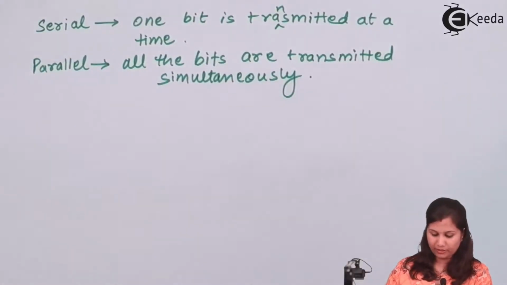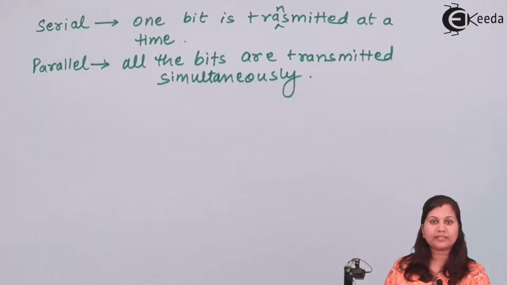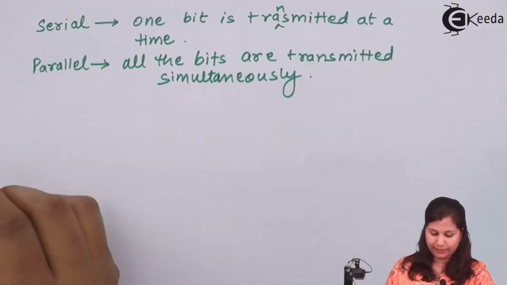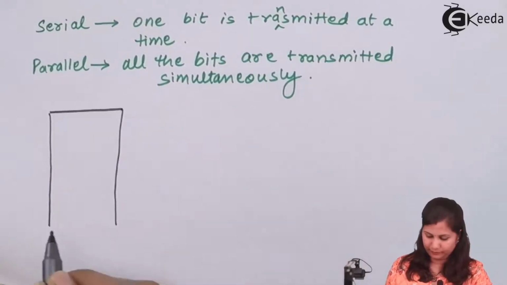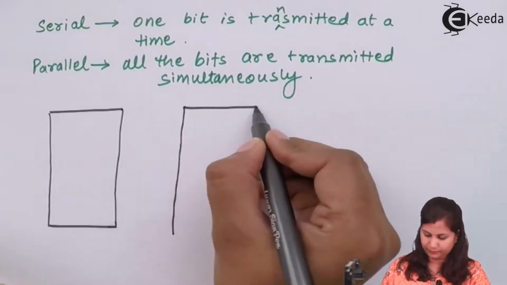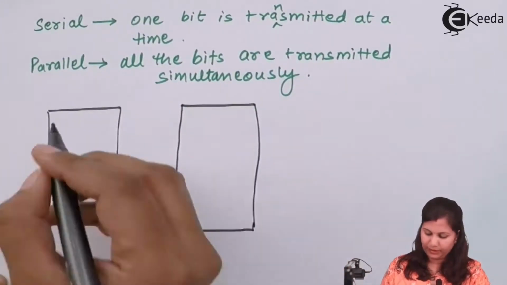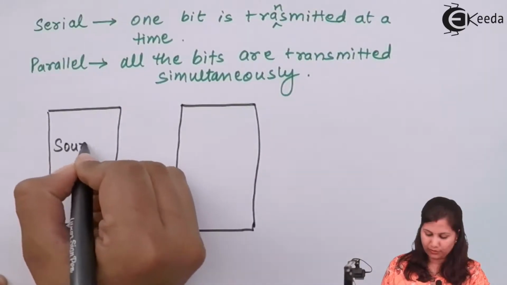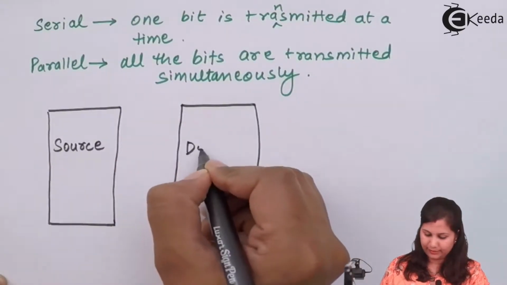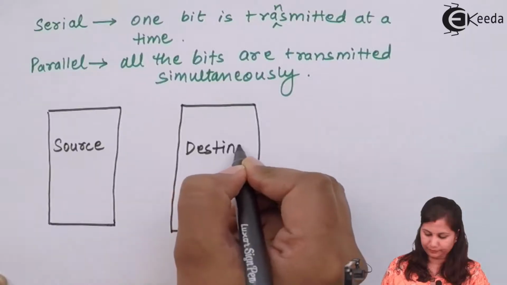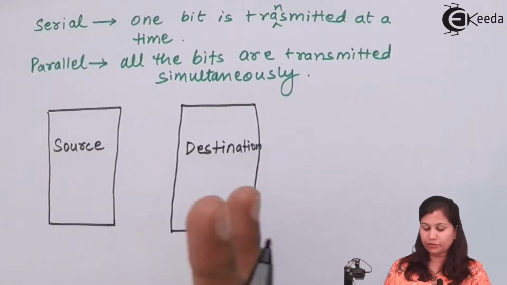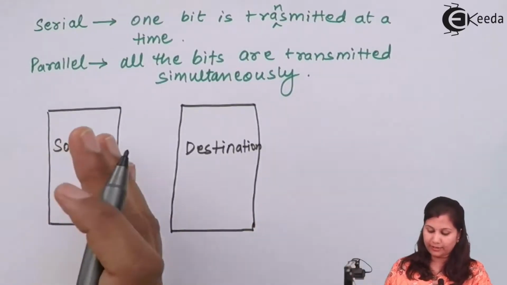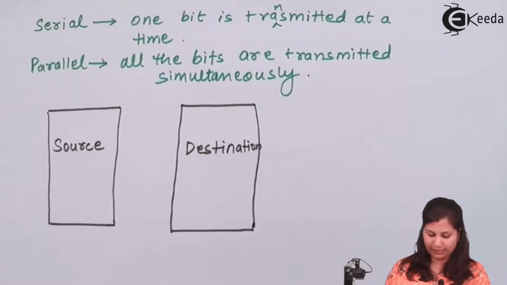Now if we describe it in the form of a diagram, suppose this is the source and this is the destination. The source is sending the data to the destination using serial transmission.